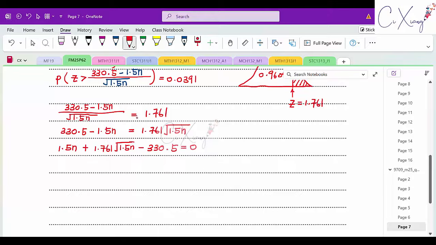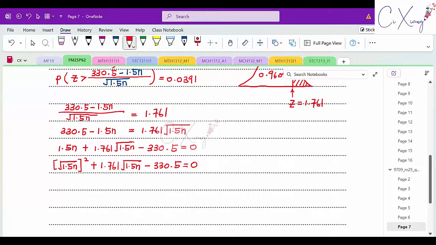I don't know whether you're able to see it or not, but basically this is a quadratic form equation. If you can't see clearly, I write it again. I'm having square root 1.5n and then I square, so that means it will get back the 1.5n. Then I'm having 1.761 square root 1.5n minus 330.5 equals to 0.